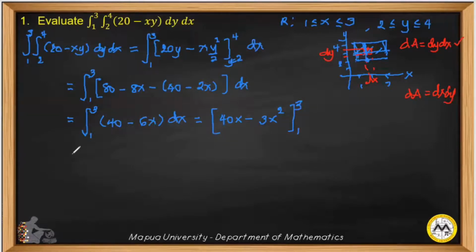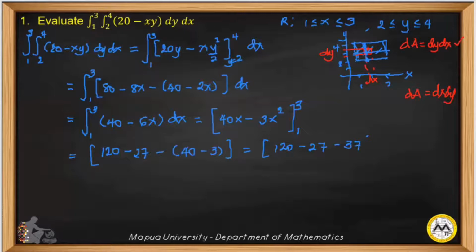Okay, hence we have when x is equal to the upper limit 3, 40 times 3 is 120 minus 3 raised to the second power is 9 times 3 is 27 minus the value of the integral at the lower limit 1. So 40 times 1 is 40 minus 3 times 1 squared is 3. Okay, and simplifying further gives us 120 minus 27 minus (40 minus 3), which is 37.